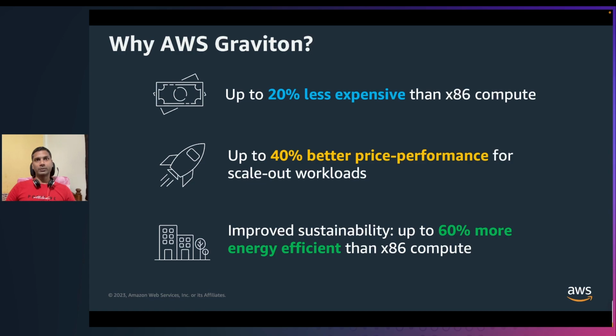For .NET workloads specifically, it provides on an average 50% better price performance versus comparable x86 instances, 20% due to lower cost, and 30% due to better performance with the latest version of .NET. Graviton processors are up to 60% more energy efficient as well versus comparable x86 instances, which helps our customers achieve their organization's sustainability goals.